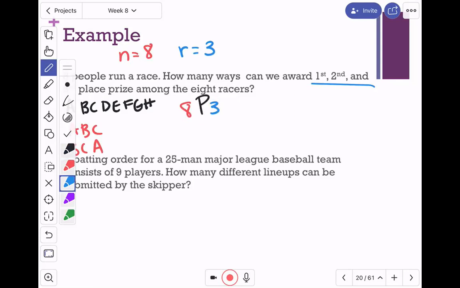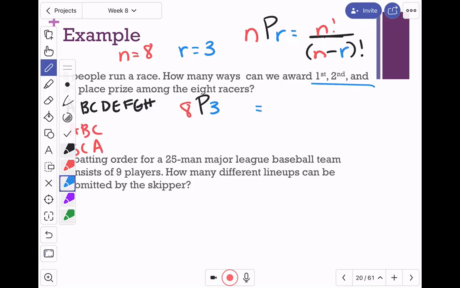8P3. And again, the formula is nPr, where this is equal to n factorial over n minus r factorial.